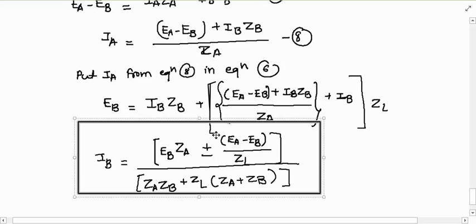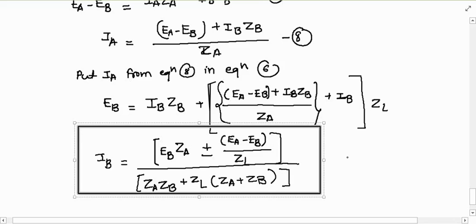And if we apply the symmetry of this equation for finding out IA, I will get the next equation.